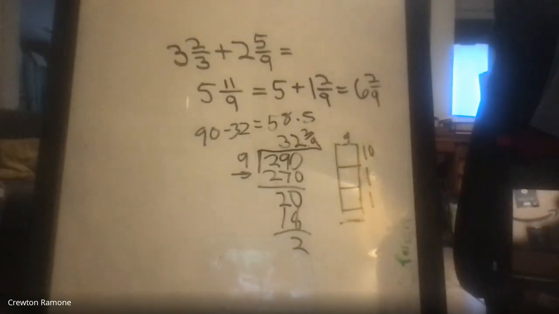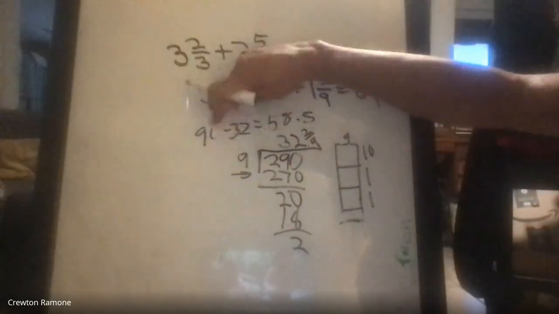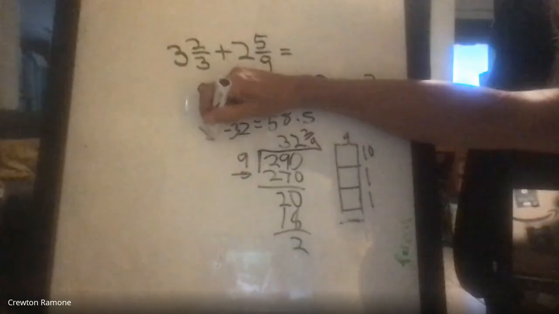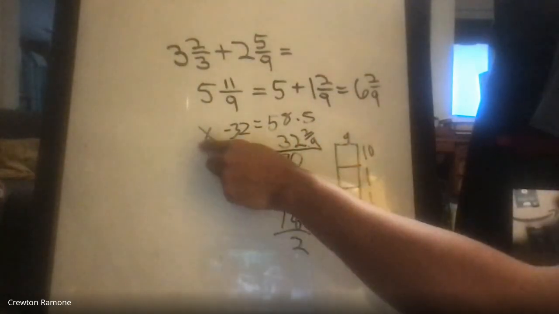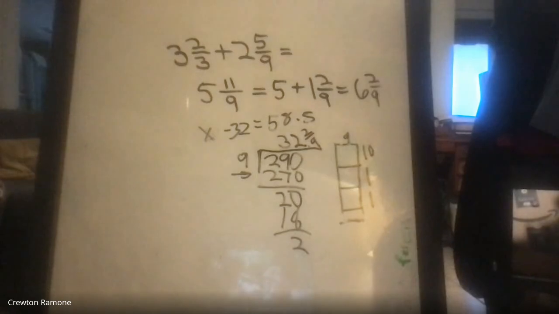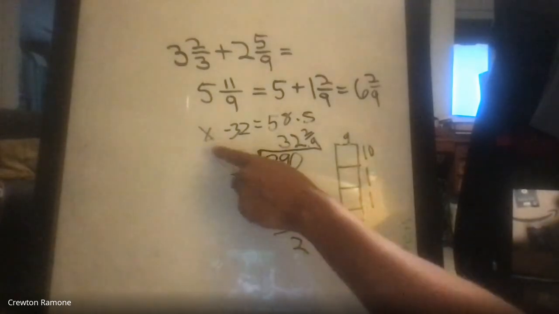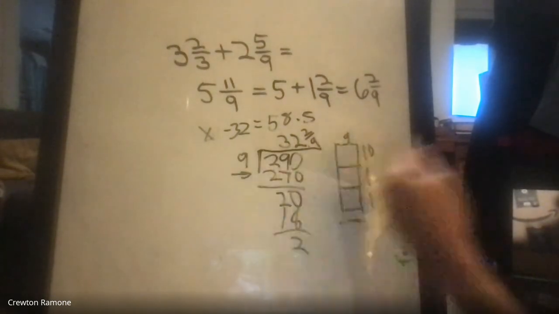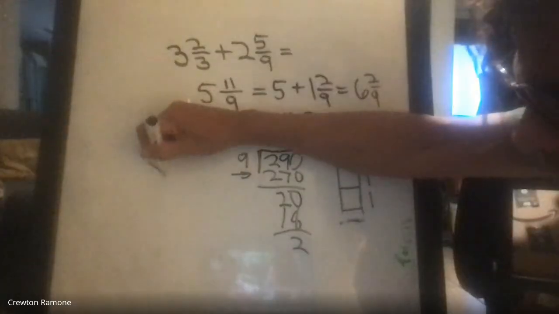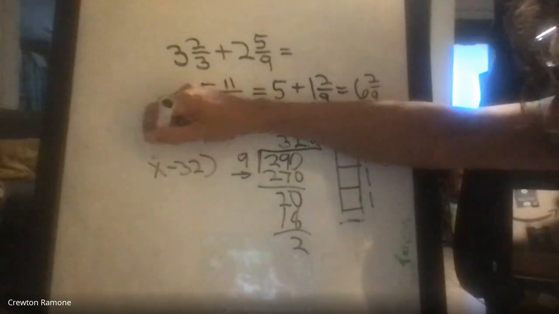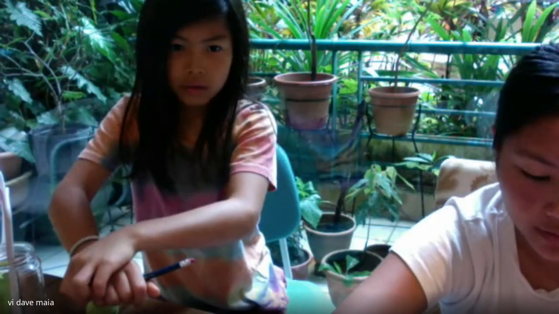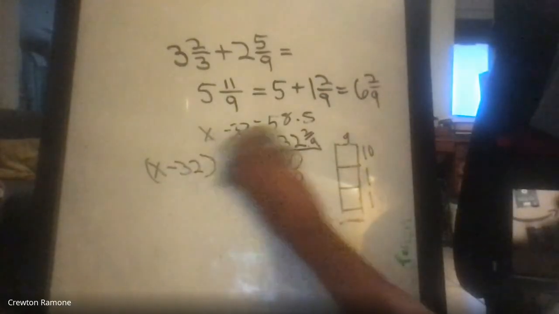Let's think algebra. So over here, I have X, right? Whatever X is, the temperature. And I'm trying to find Celsius. So over here, I'd have to say X minus 32 times 5.